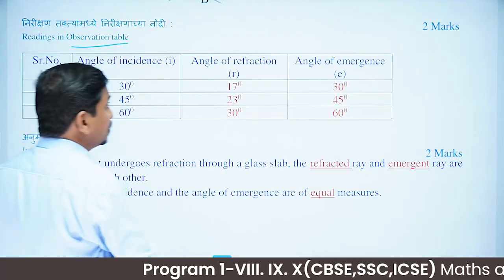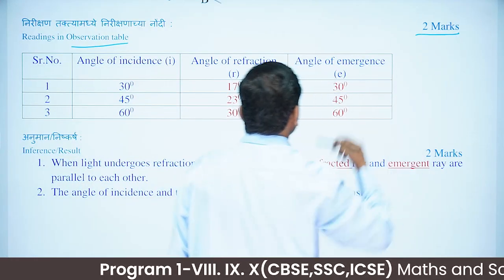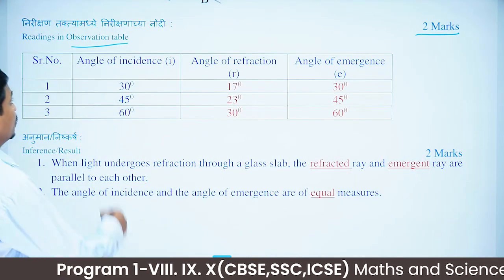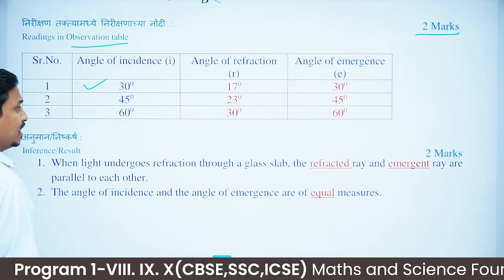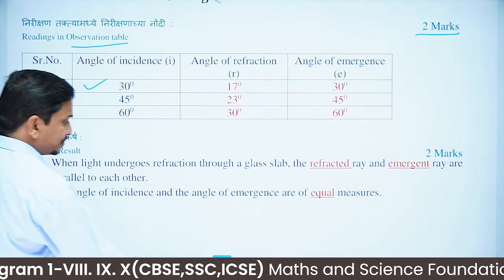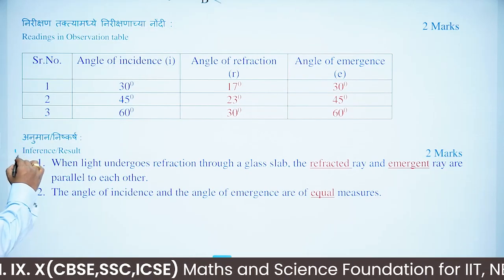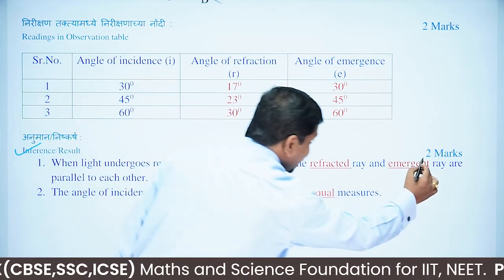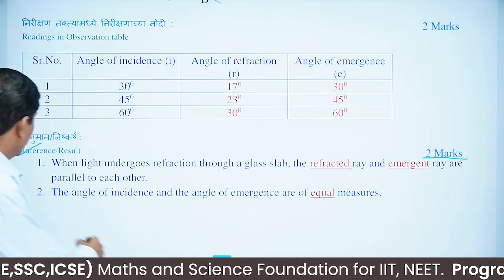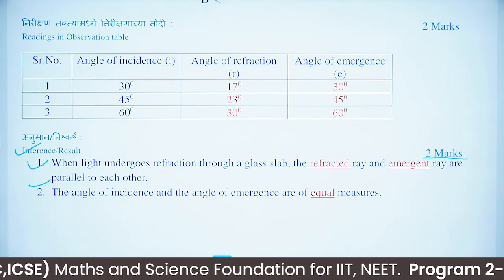For observation table, you will get 2 marks. For drawing any one angle, you will get 2 marks. For conclusion, you will get 2 marks. For writing these 2 points, you will get 2 marks.